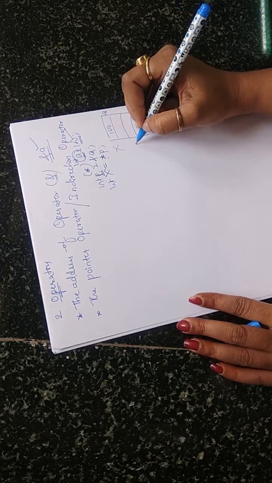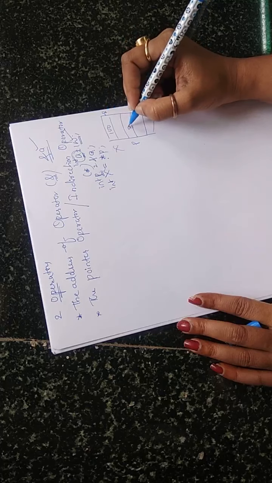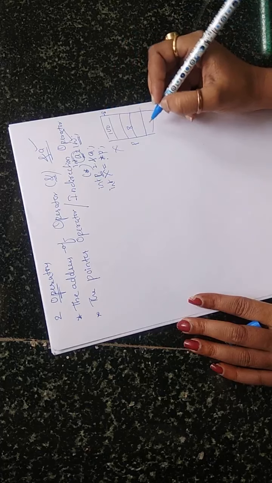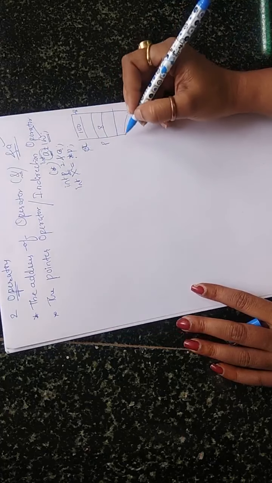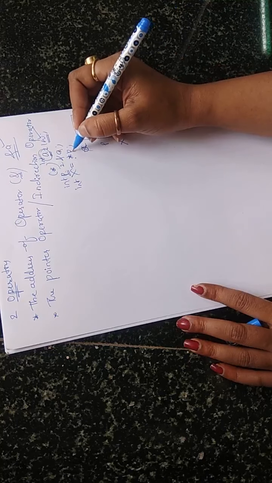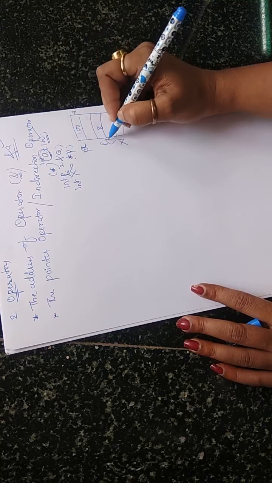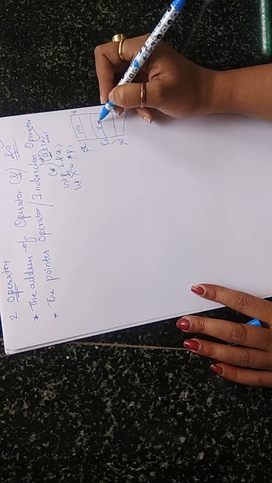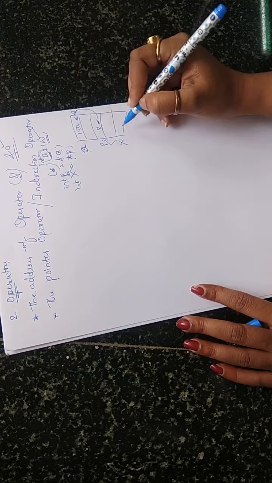Now this is p, here a's memory address is stored, that is 8. Now in x, what I am storing is star p. Star p means go to p, in p the memory address is 8. In this memory address the value stored is 100, and that value is stored in x. Understand?